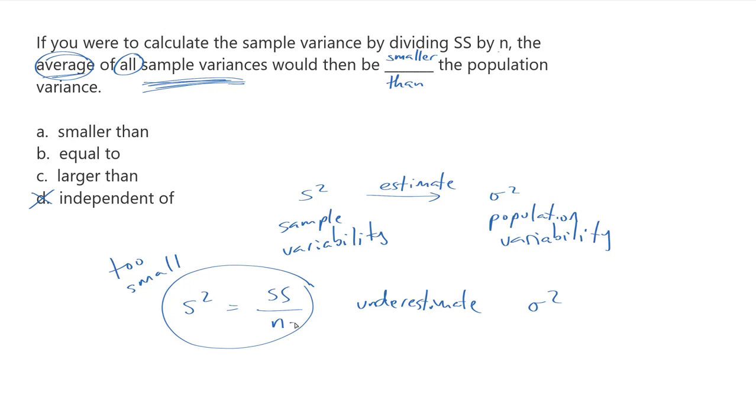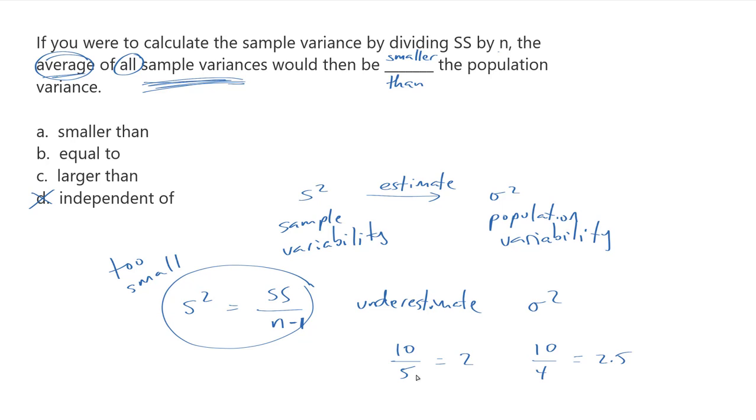Now, you can do that by subtracting 1 from the denominator. If you had a number like, let's say, 10 over 5, this gives you 2. If you decided that this is too small, one way to adjust for it would be to subtract 1 from the denominator. So 10 over 4 gives me 2.5.